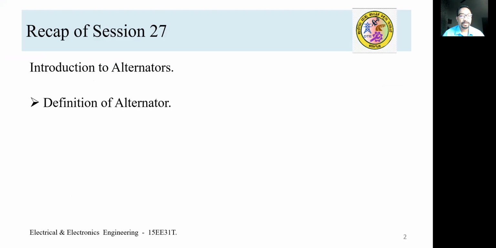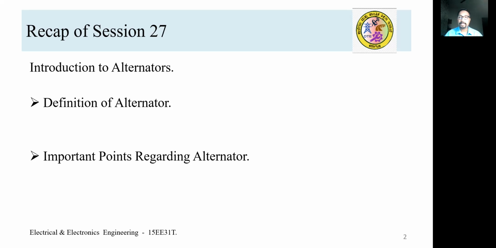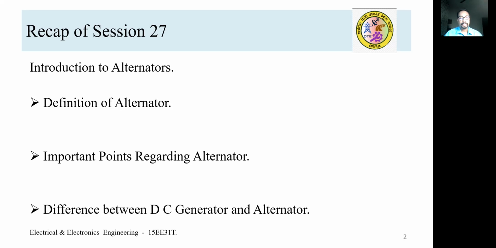In that introduction, we learned the definition of alternator, the important points regarding the alternator, and the major difference between a DC generator and an alternator. These are the topics that we have learned in the previous session.